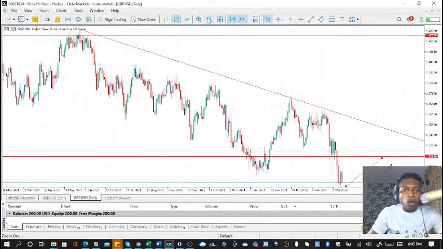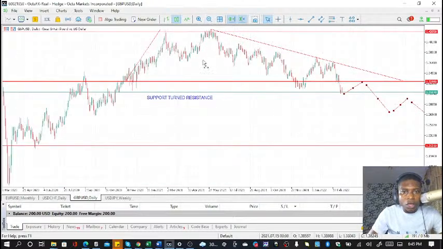On the daily chart, I want to believe you can see this now. I've made some adjustments. Is it still showing my pictures?